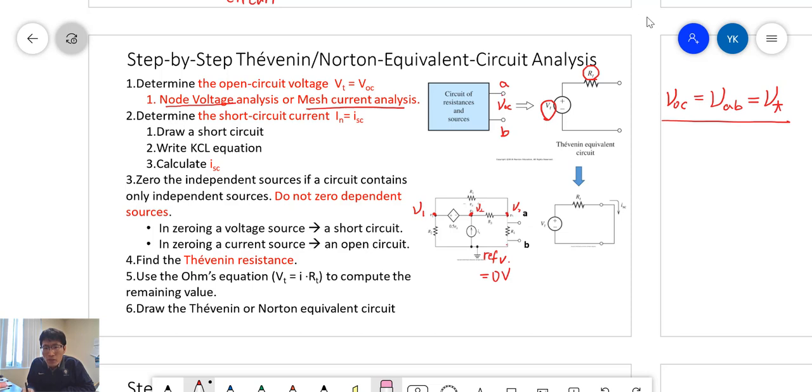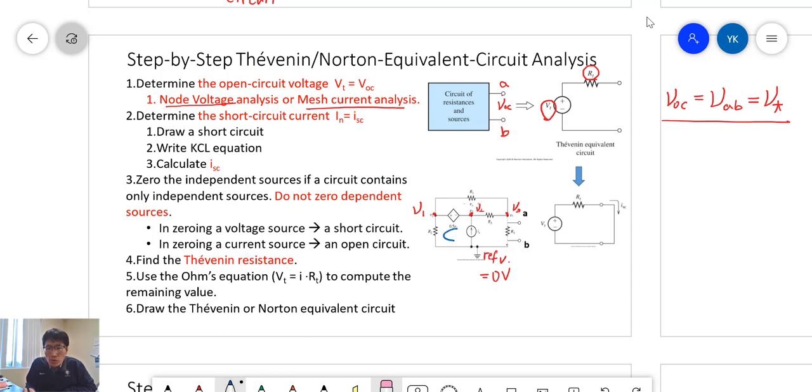Then you can set up the KVL or KCL equations with Ohm's law, and then you can find the open circuit voltage, VAB or VOC.